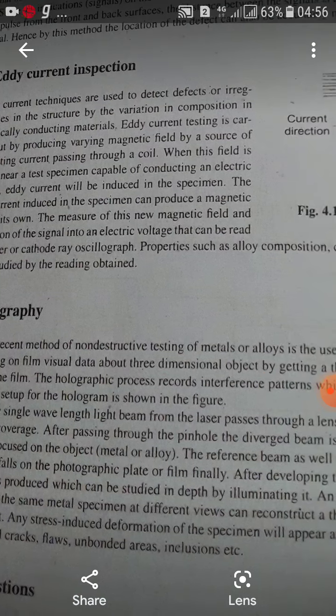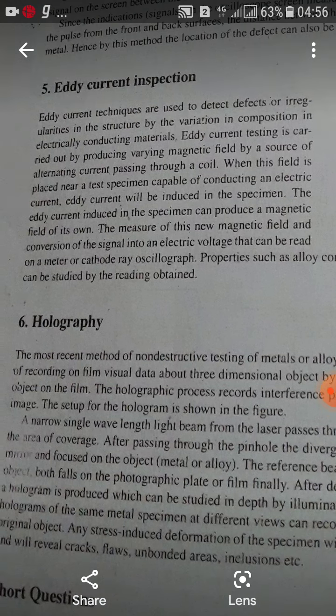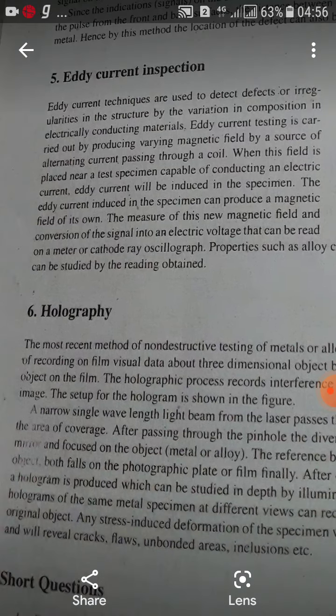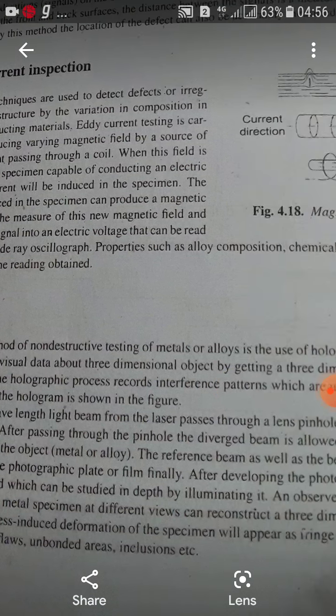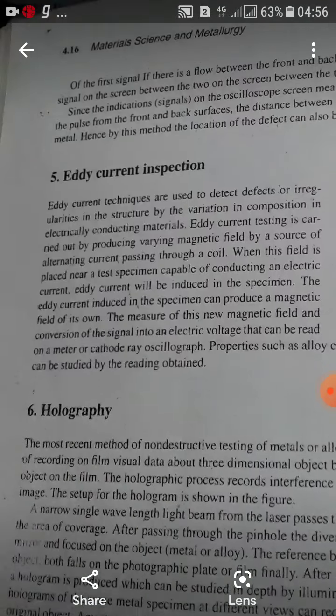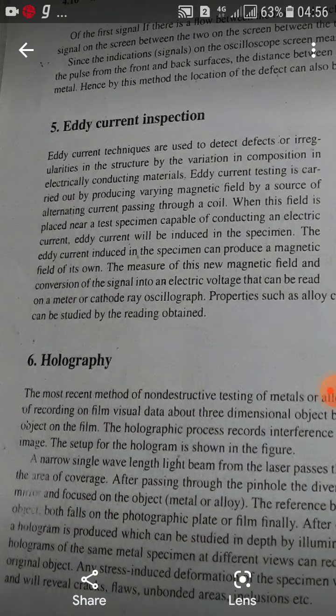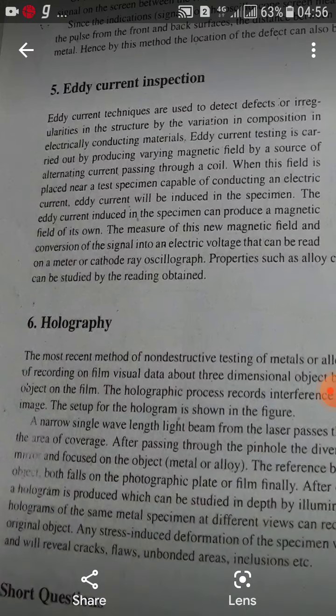If the pulse rate is uniform, we treat it as a good specimen. If the pulse rate is not uniform, we will conclude that at that region there is a flaw or a defect. We can also check hardness using this eddy current inspection.